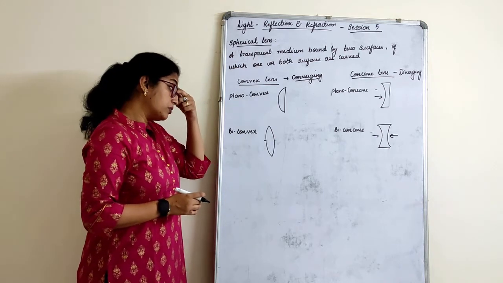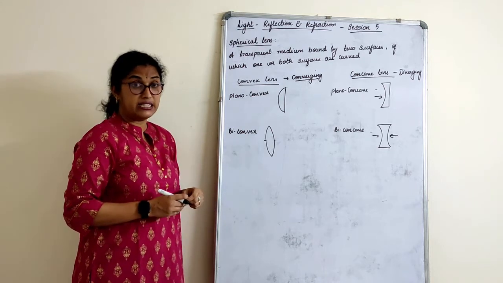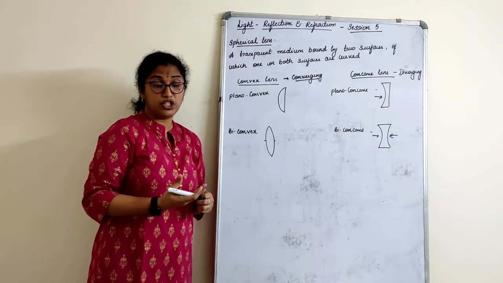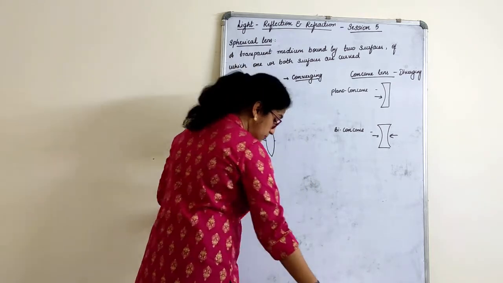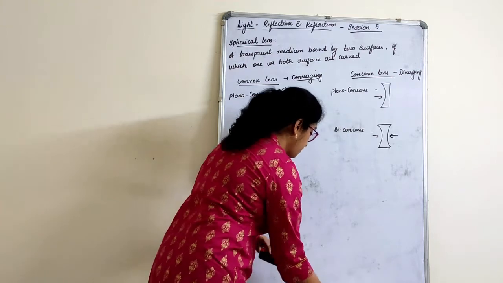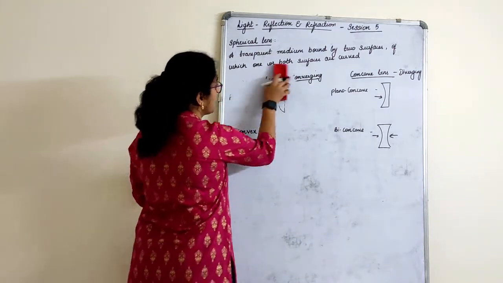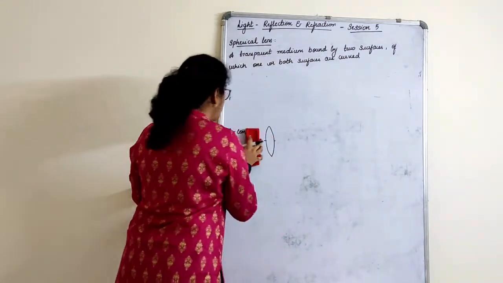Now when we talk about a biconvex lens here, what about its curvature and its focus? Let me consider this part. We need to know how the focus is there.